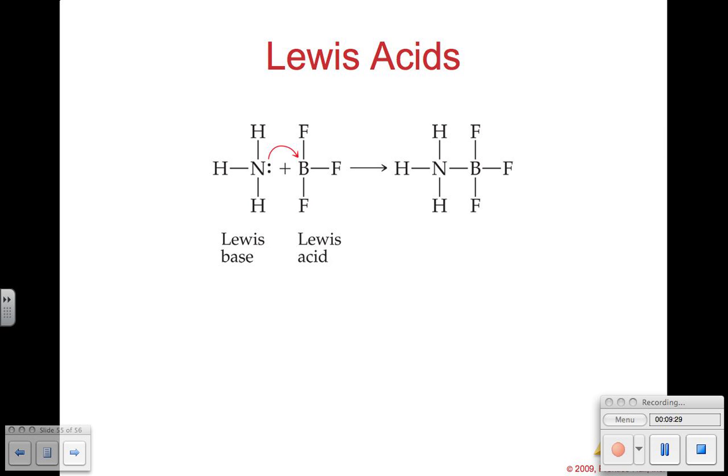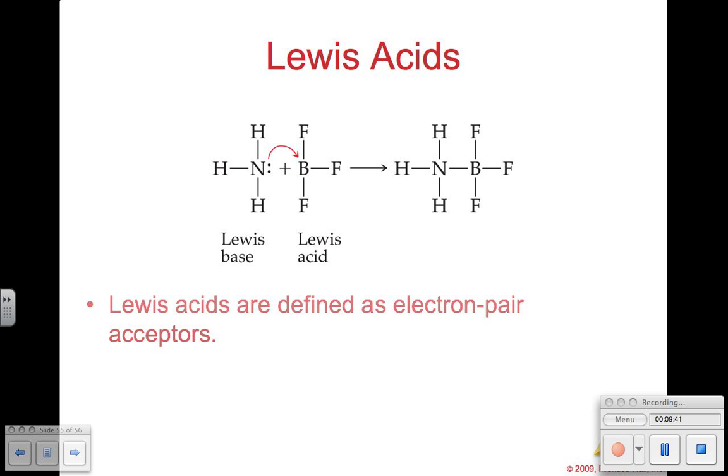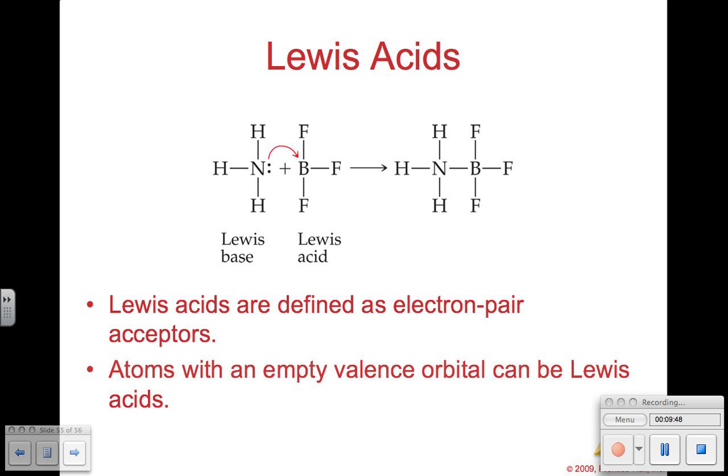And the last little section, which is just a real brief introduction, is regarding Lewis acids. Lewis acids are things that accept lone pairs of electrons, and Lewis bases are lone pair donors. Lewis acids are defined as electron pair acceptors, and atoms with an empty valence orbital can be Lewis acids.